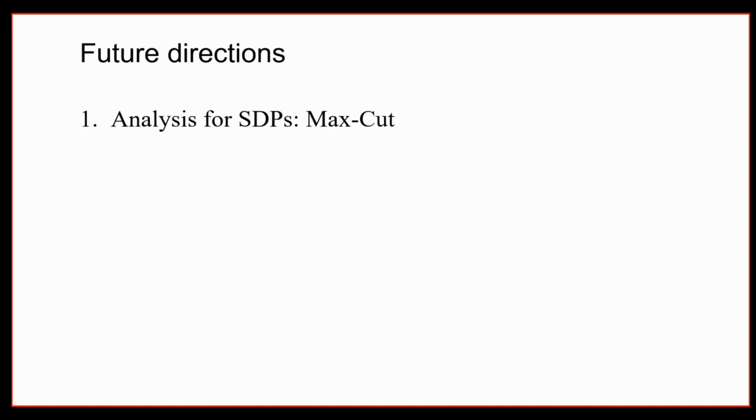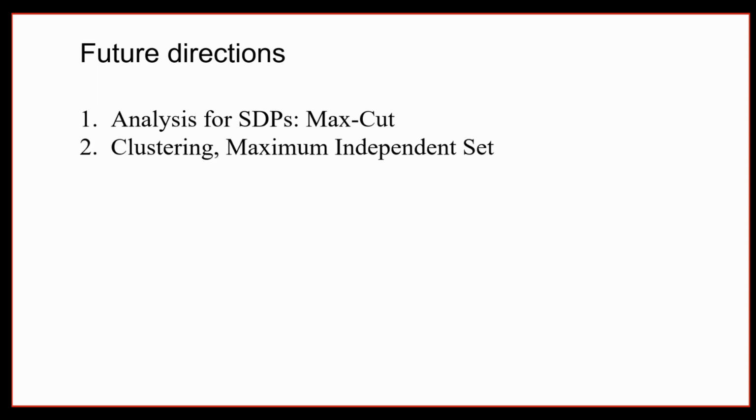And future directions, there are similar problems where instead of analyzing them for linear programs, you can analyze for semi-definite programs. So the earlier problem was related to minimum multi-way cut, but I think someone asked this question, what happens if WUV can be allowed to be negative, and that you need semi-definite programs, and I think they correspond to max cut instances.